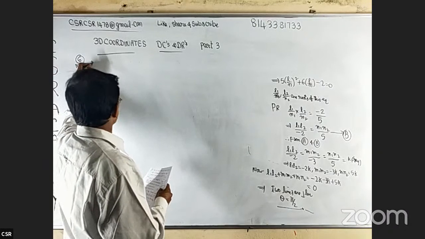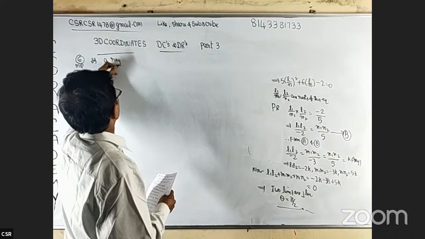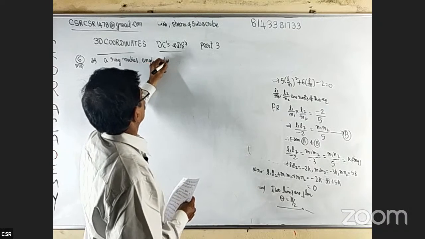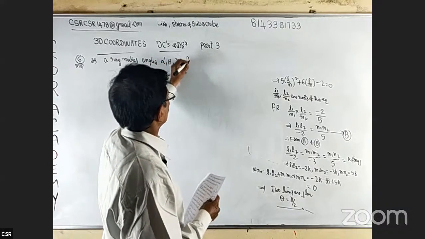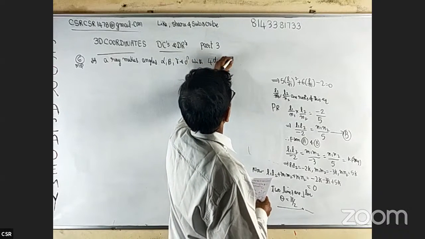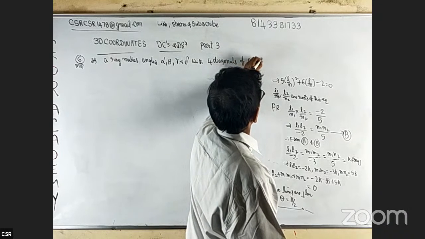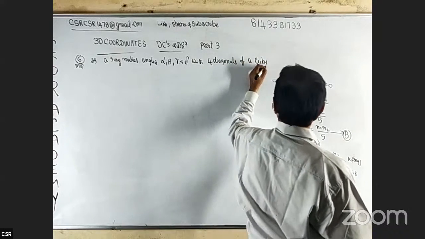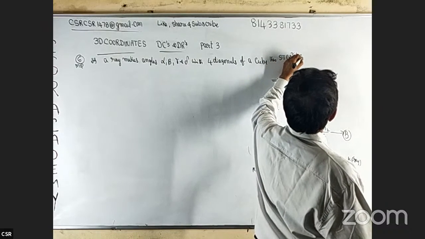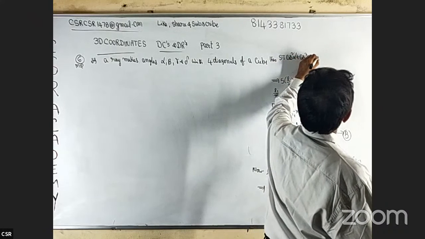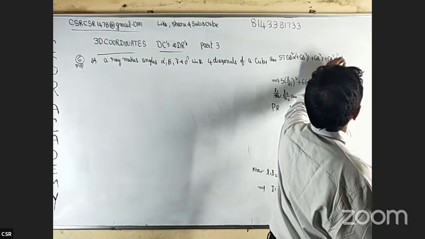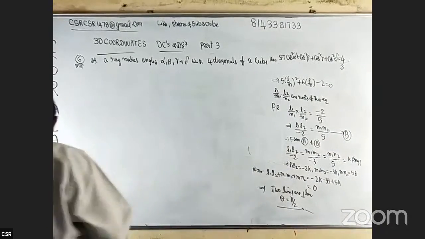If a ray makes angles alpha, beta, gamma, and delta with the 4 diagonals of a cube, then show that cos square alpha plus cos square beta plus cos square gamma plus cos square delta is 4 by 3. Very, very important.